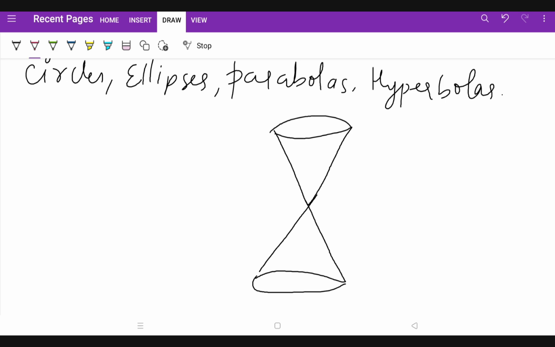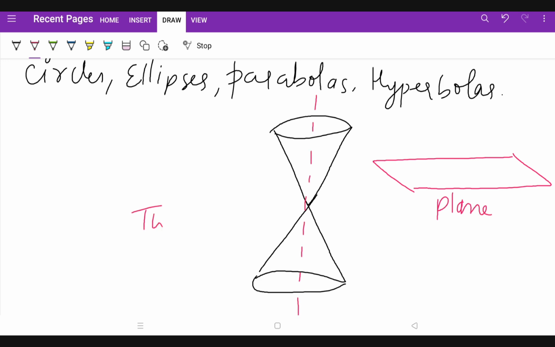This is a plane, and these are two cones. Now let's see the angle. This is the axis. The cone is making a semi-vertical angle alpha with the axis.